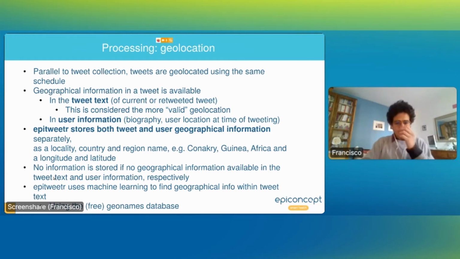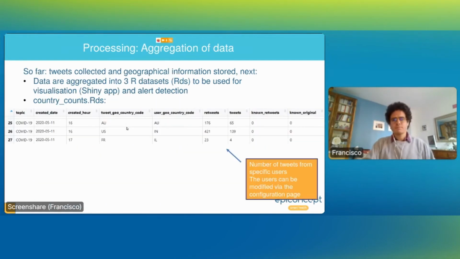Basically, we are going to store that next to the tweet. And epitweetr uses machine learning to find geographical information using a database called GeoNames, which is freely available. GeoNames contains more than 5 million locations, including regions and cities and even villages.